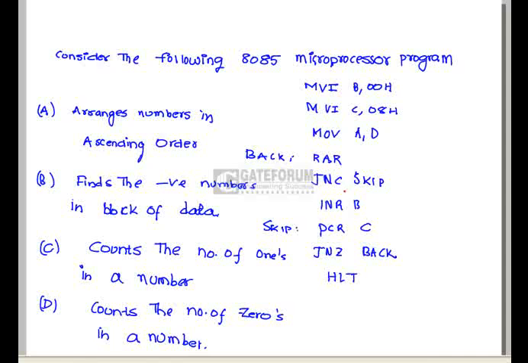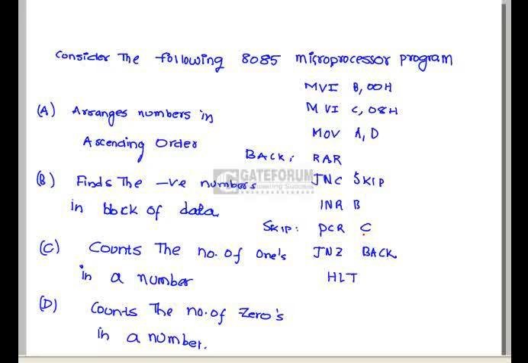The jump on no carry instruction: if there is no carry, it goes to skip, meaning it decrements the counter, that is the C register, by 1. If there is a carry, this condition is not satisfied, hence it increments the B register.